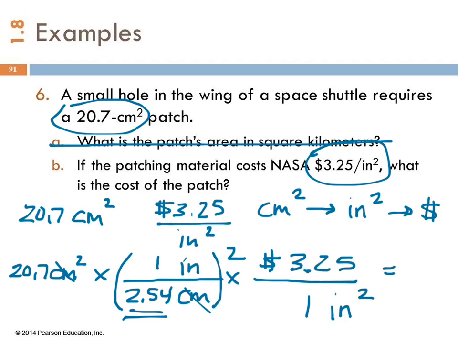So 20.7 divided by 2.54 squared times 3.25 equals. How many sig figs should that have? 3. So 10.4. $10 and roughly 40 cents.